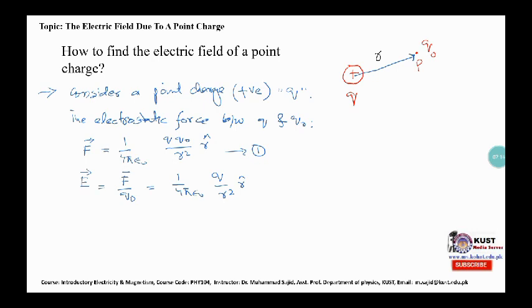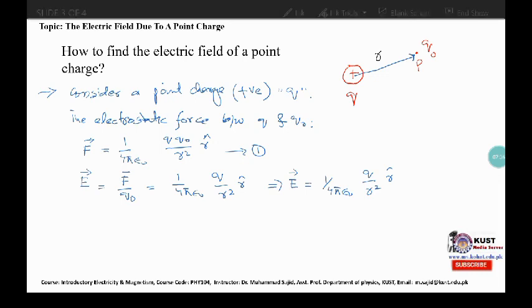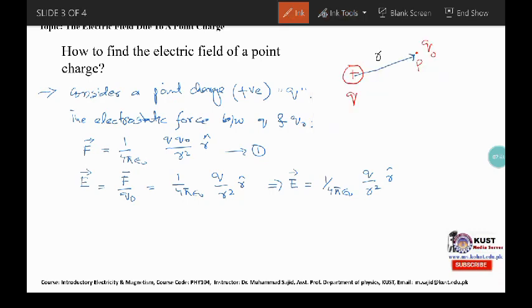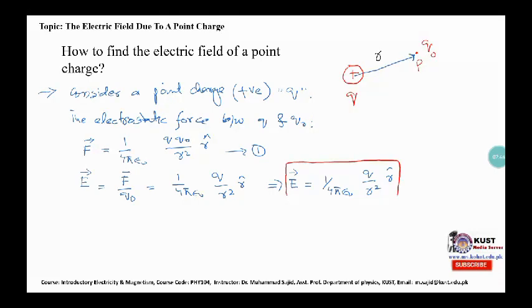So you can also write like this, that the electric field vector is 1/4 pi epsilon naught and Q divided by r squared and r unit vector. So we can enclose this in a box to show that this result is important for today's lecture.